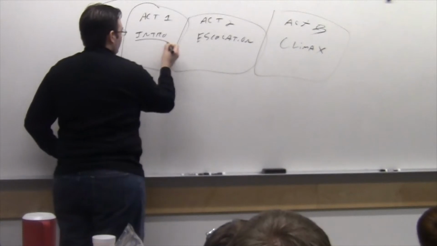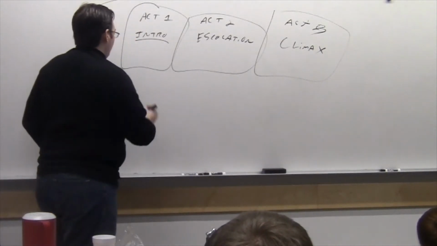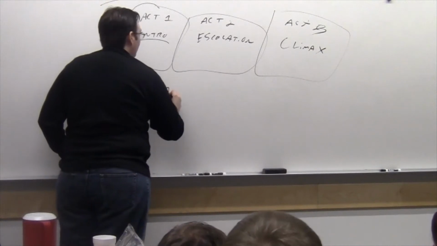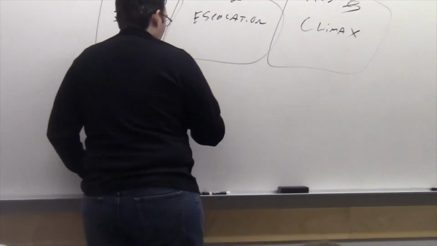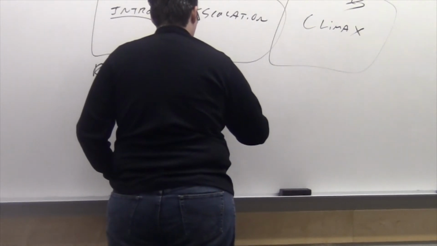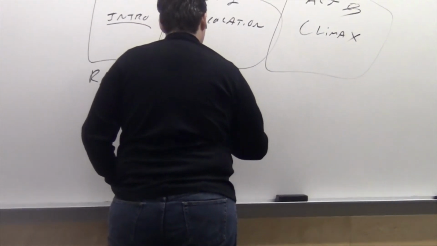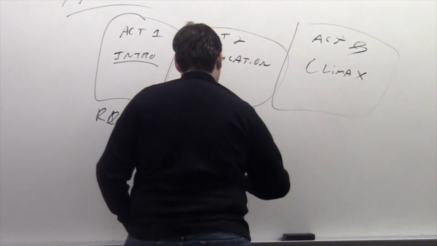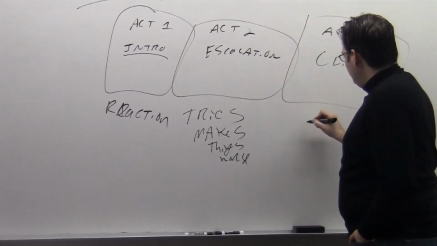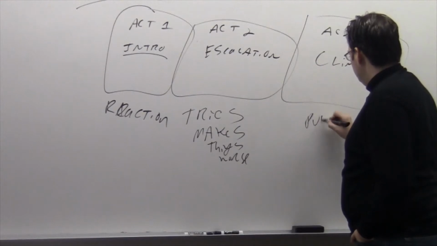Generally, your Act 1 is the reaction. Act 2 is the hero tries and makes things worse. And then Act 3 pulls it out by the skin of the teeth.